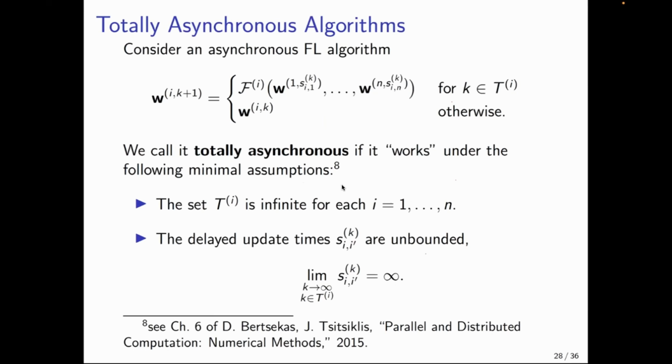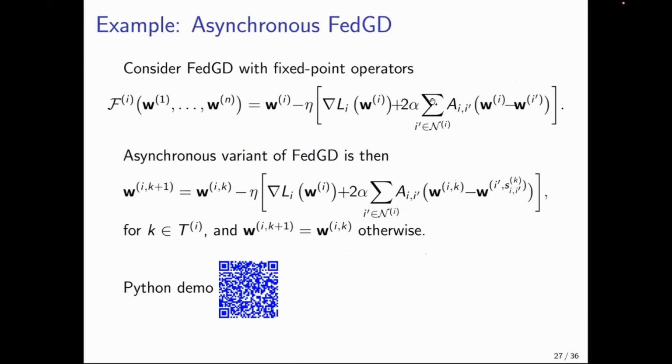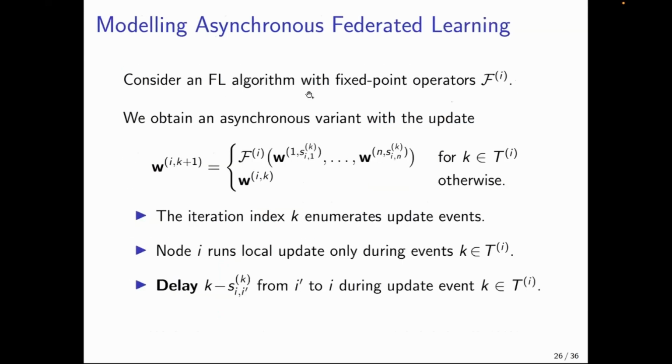Yes, there's a question. Yeah, for example, you have to store whenever node i, so we look at node i and its updates. Whenever this node gets an update from another node, it needs to store it somewhere.